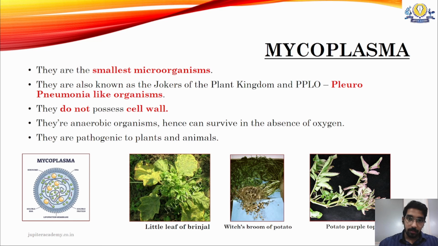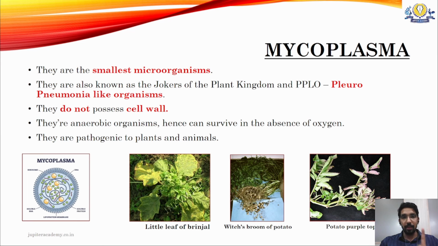Because Mycoplasma do not have a cell wall, they are completely insensitive to penicillin, since penicillin acts on the cell wall of bacteria. They are anaerobic organisms because they can survive in the absence of oxygen as well, and they are pathogenic to animals and plants.